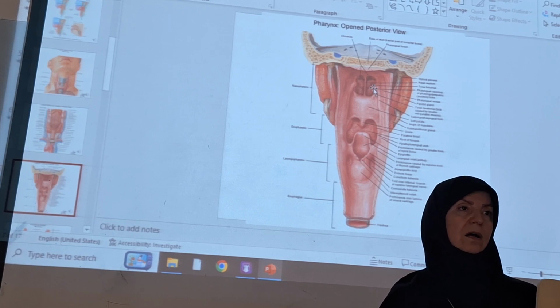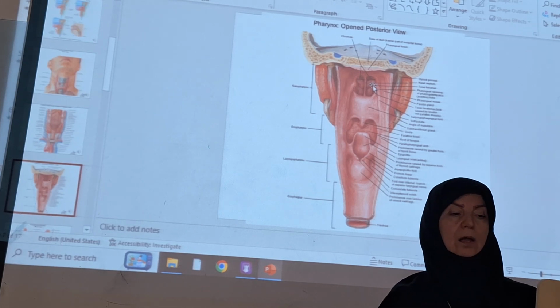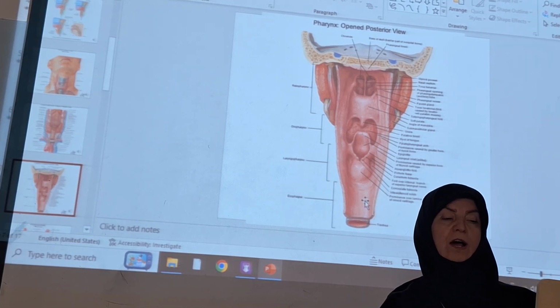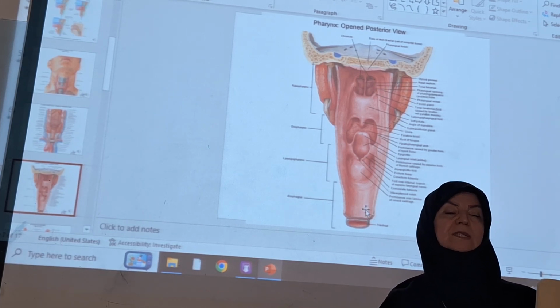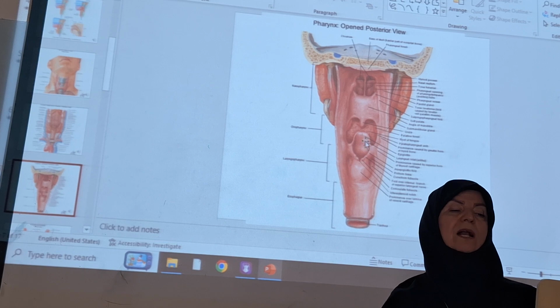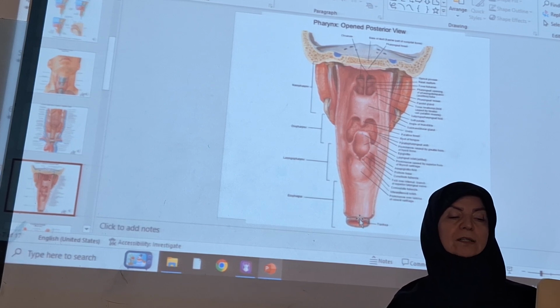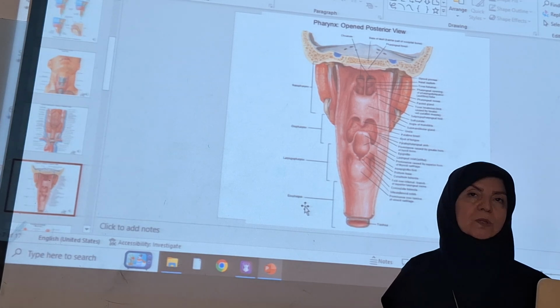Choana. We are going to look at the pharynx. The pharynx is posterior to the nasal cavity, posterior to the oral cavity, posterior to the larynx. And the pharynx inferiorly is going to be continued to the esophagus.